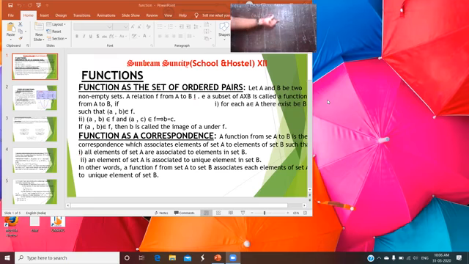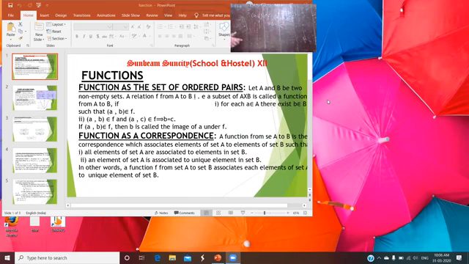That means AB belongs to F and AC belongs to F, so B is equal to C, then it is a function. Otherwise, it is not a function.